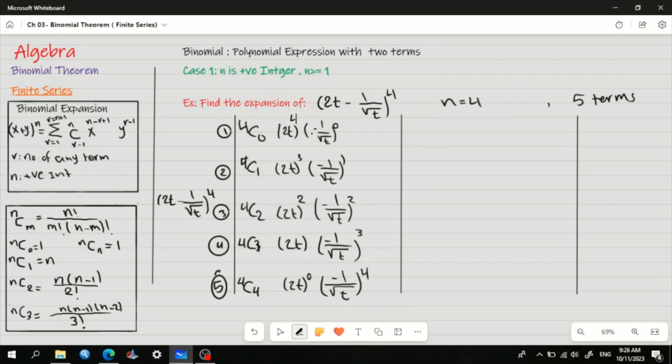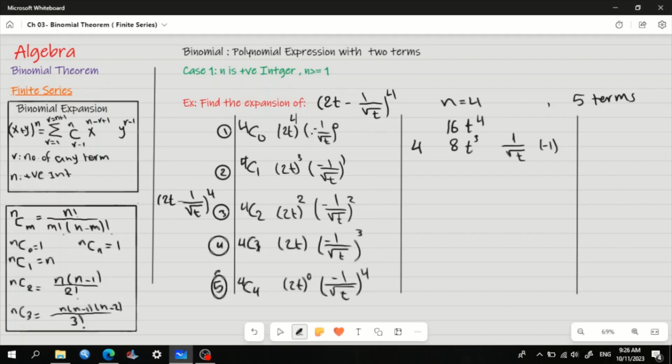So we have here 16t to the power 4, and here we have 4 combination 1. So we have here 4, and the first term is 8t to the power 3, and here we have 1 by square root of t to the power negative 1.